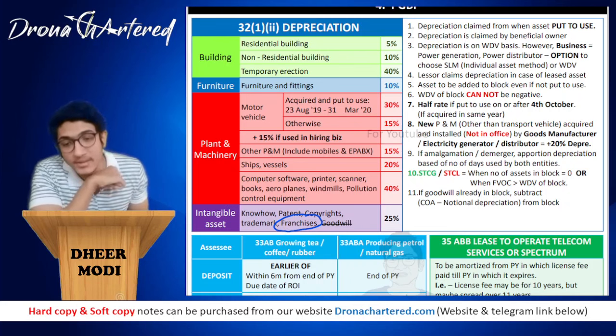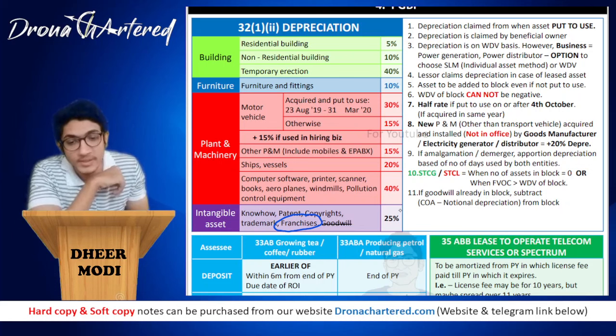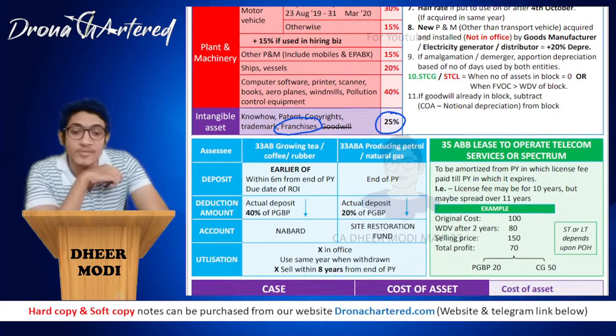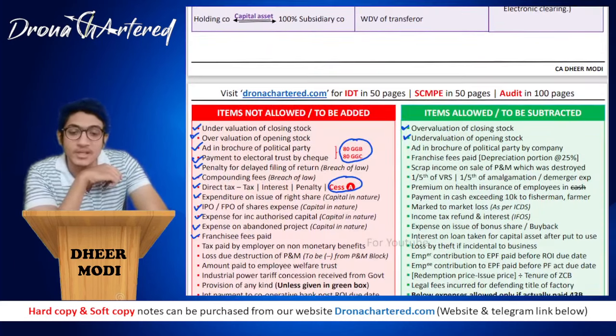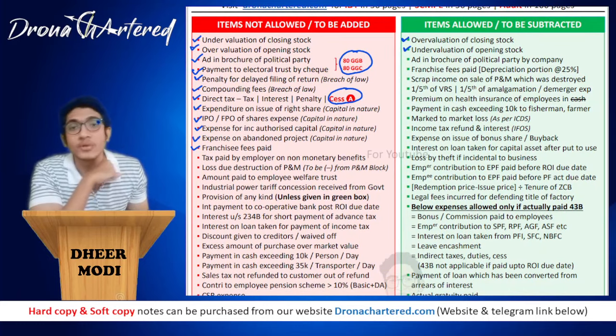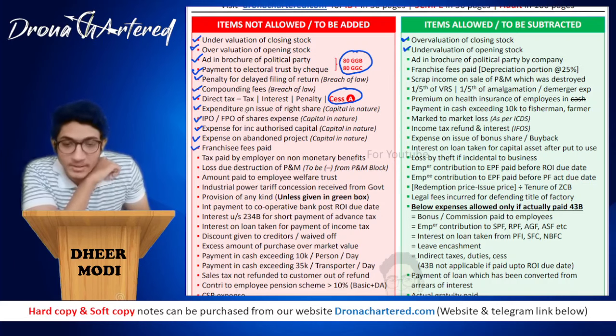Any franchisee fee that you paid will form part of your intangible asset block, which will be depreciated at 25%. So if you have taken the entire franchisee fee as deduction, you will have to add that back and you will have to add it to your class of assets, charging 25% of depreciation.